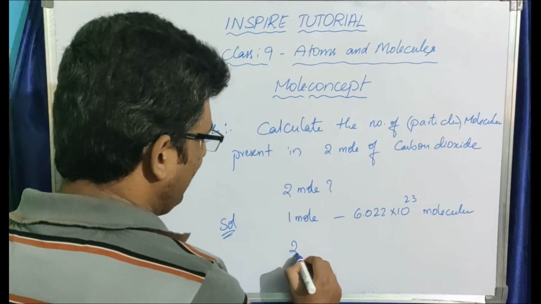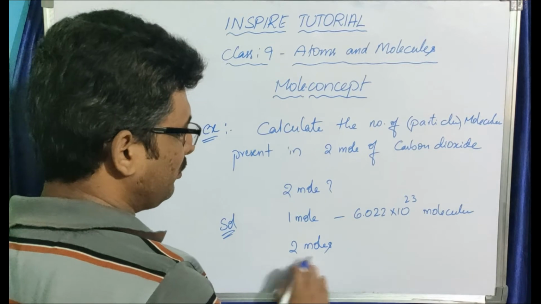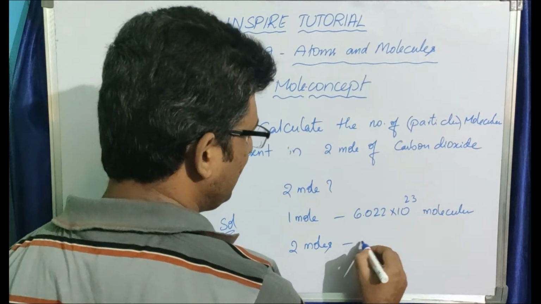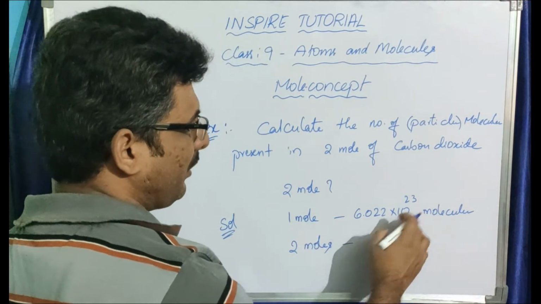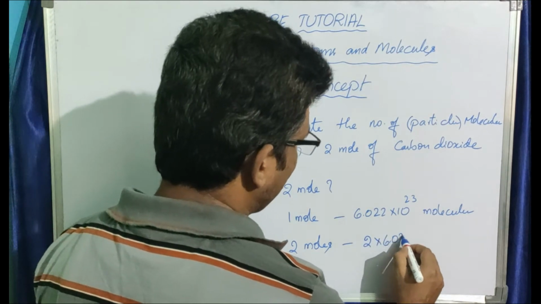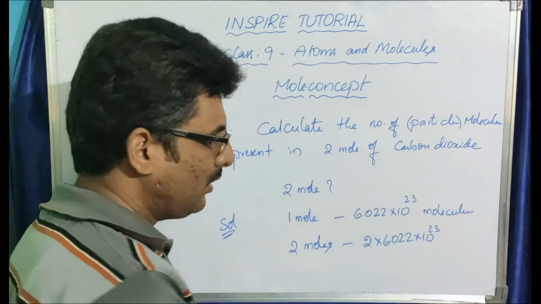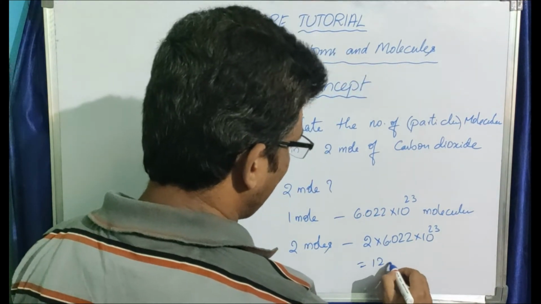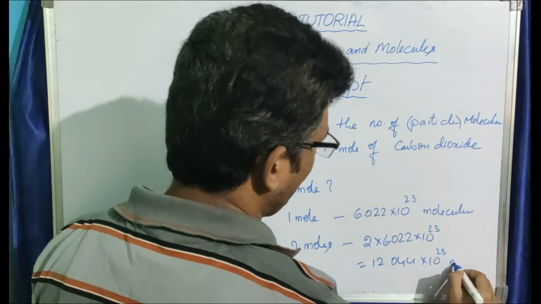Now we are going to find how many molecules will be present in 2 moles of carbon dioxide. It is very easy. When 1 mole equals 6.022 into 10 power 23, 2 moles will be 2 into 6.022 into 10 power 23. So these many molecules you will have. You can simplify this, that is 12.044 into 10 power 23 molecules.